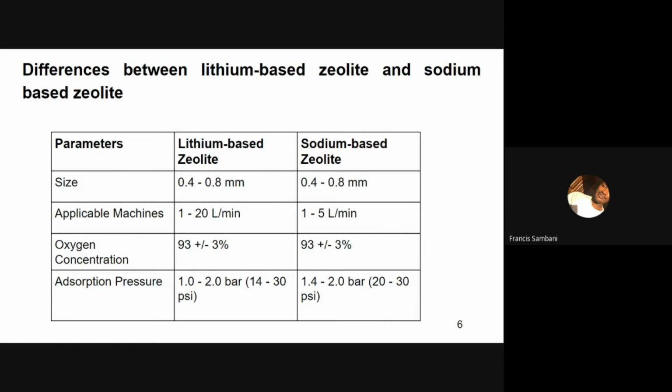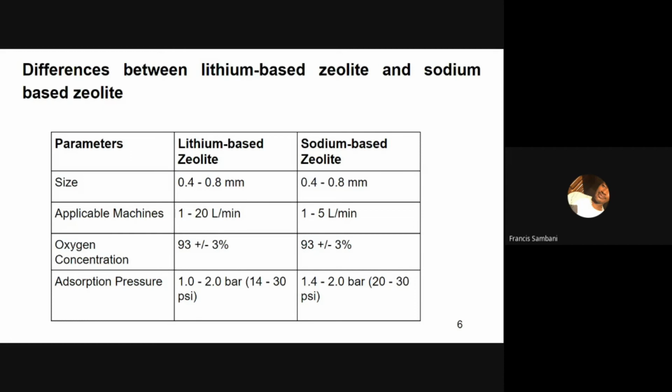So I know that's confusing, but what it means is that, let's say, for example, this zeolite has a nitrogen to oxygen selectivity level of 6, it means that if you supply it with air, which has a combination of oxygen and nitrogen, it will absorb nitrogen 6 times compared to oxygen. So that also means to say that it does absorb nitrogen.